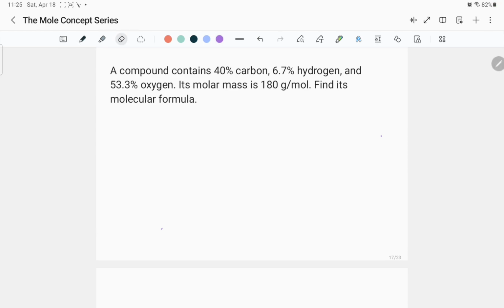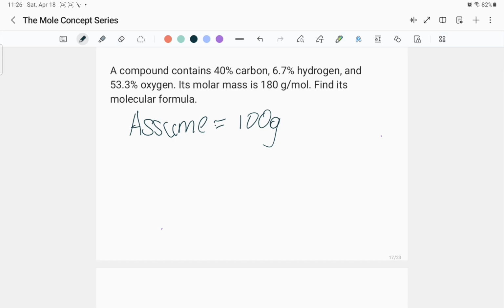So now that we understand the difference between empirical and molecular formula, we can go ahead and answer this question. How we approach this question is we first make an assumption that this sample contains exactly 100 grams. We make this assumption mathematically so that the calculation will become easier.